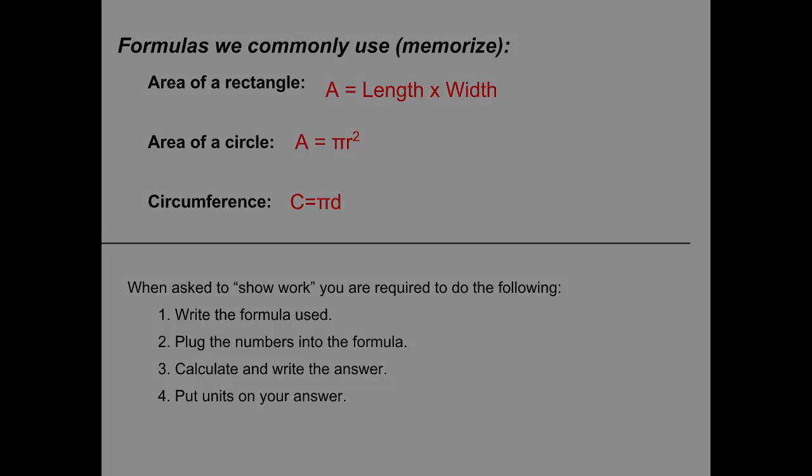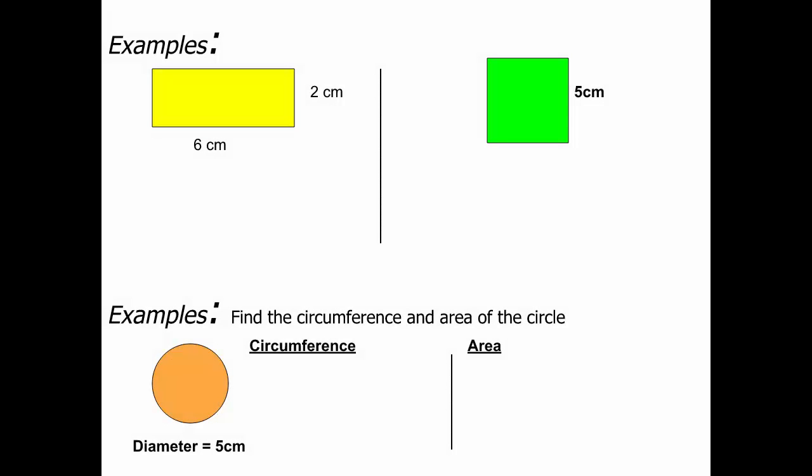Okay. All right. Let's look at some very simple examples. Area of a rectangle. First, we write the formula. Area equals length times width. Second, we substitute in the appropriate measurements: 6 centimeters and 2 centimeters.